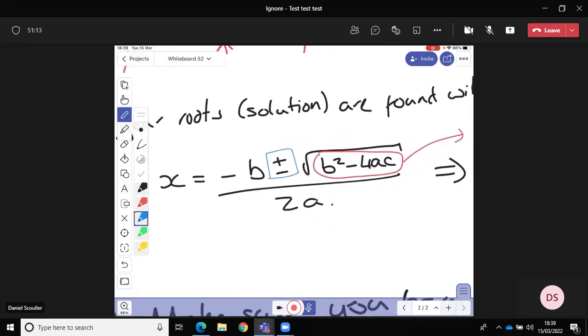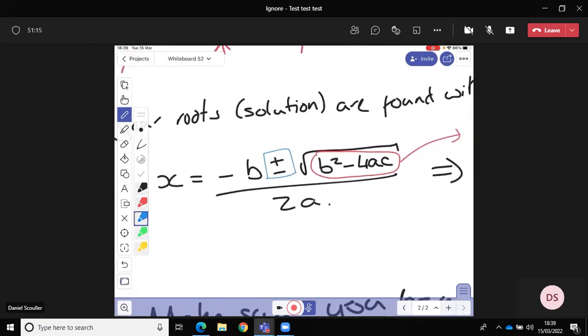So x equals negative b plus the root of b squared minus 4ac over 2a, and that also equals x equals negative b minus the root of b squared minus 4ac over 2a. That plus and minus that you'll see in the formula sheet just indicates that you have to do that step twice. So you're working it out twice, side by side, to work out two separate roots.